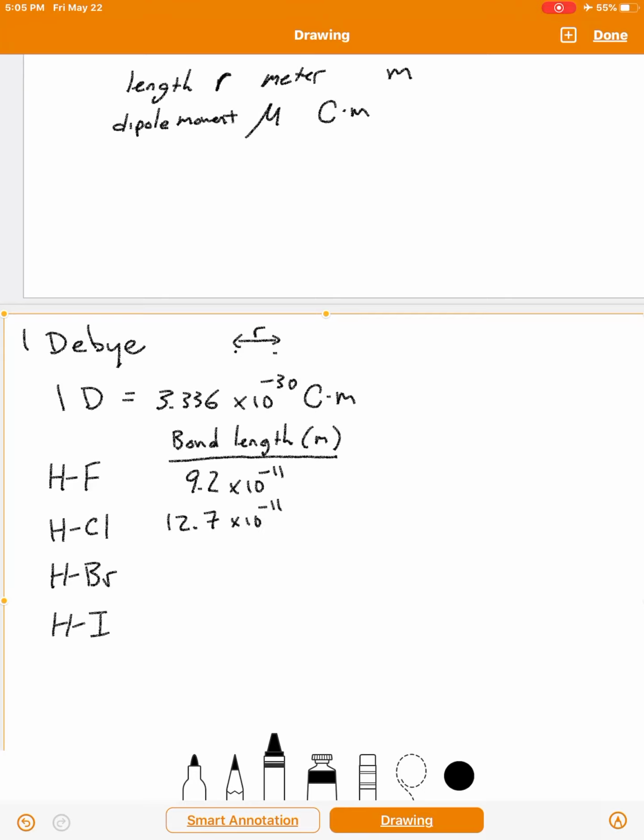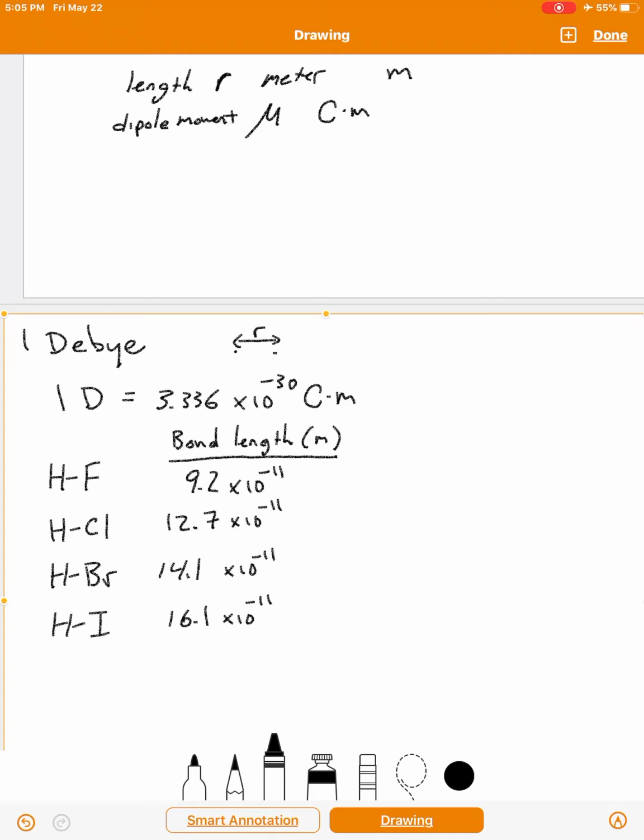Oops, I'm sorry, I was getting the number wrong. It's just a little bit bigger. It went from 9 to 13. The HBr bond length is 14.1 times 10 to the minus 11 meters. And finally for HI, it's 16.1 times 10 to the minus 11 meters. So those are the bond lengths.